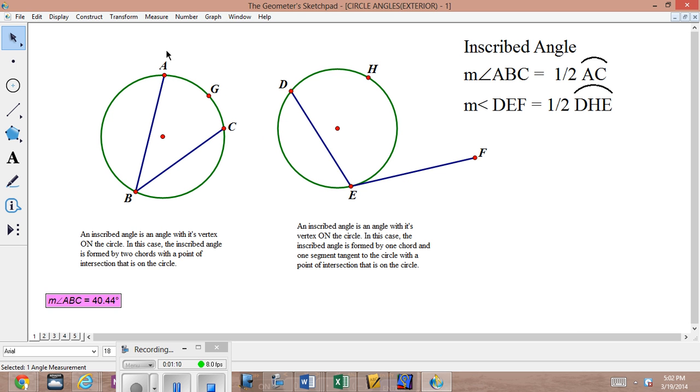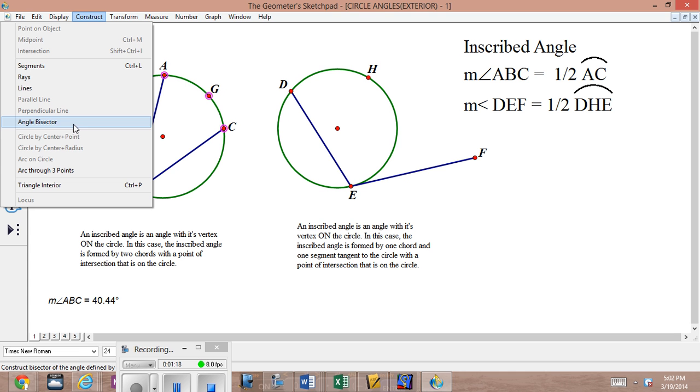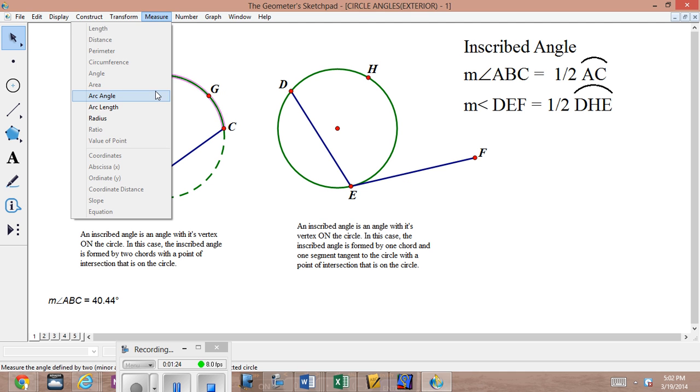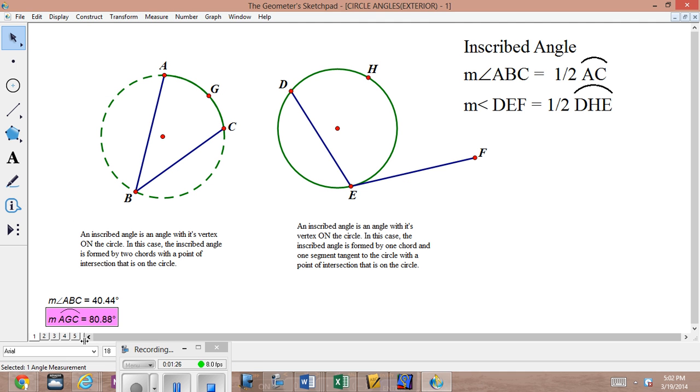Of course, in order to measure the arc, we first have to construct it. So we select the points, construct the arc, and measure it. Surely enough, we should see that this angle is half the arc at all times. If I swing this around, I make a larger arc and a larger angle.